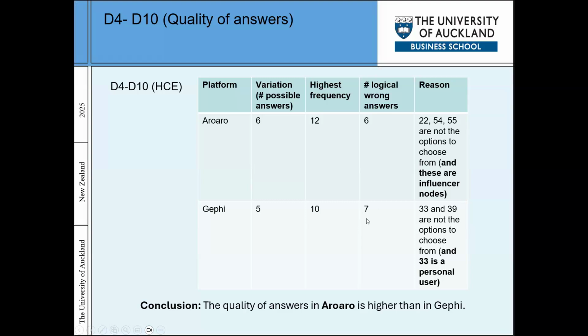And same here, 7 logically wrong answers. They have chosen 33 and 39, and 33 is a personal user where they're expected to answer some influencer node, but they have chosen personal node as the answer. So in this particular question, again, the quality of answers in RO is higher than in GEFI.